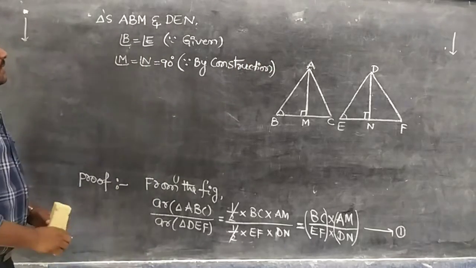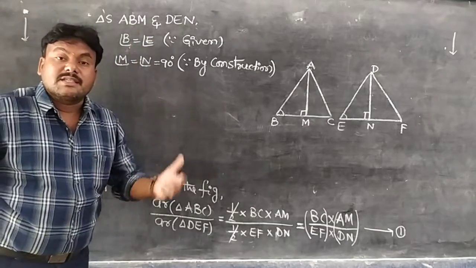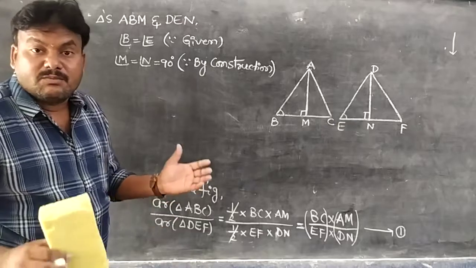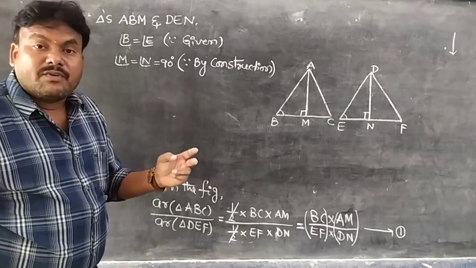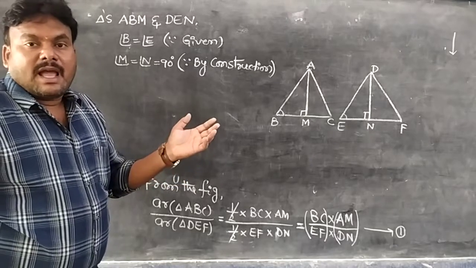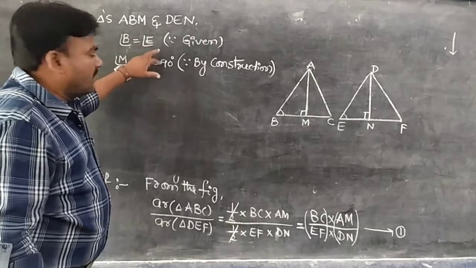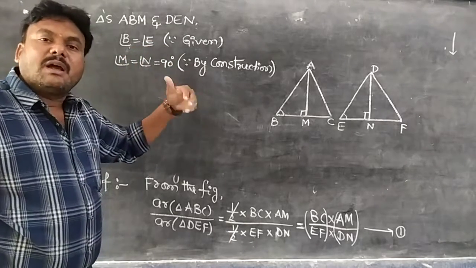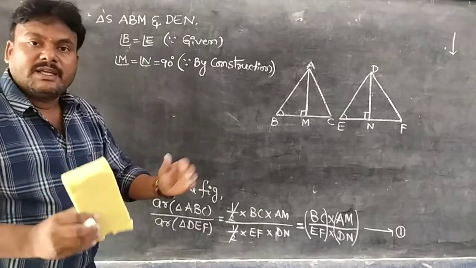Right? So in both triangles, if two angles are equal, by AA similarity both triangles are similar to each other. Two angles only. Why? Because the third angle we can find by the angle sum property. If any two angles or all three angles are equal, by applying similarity we get that both triangles are similar to each other.